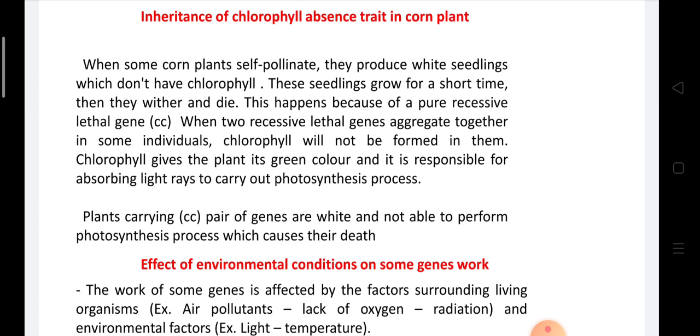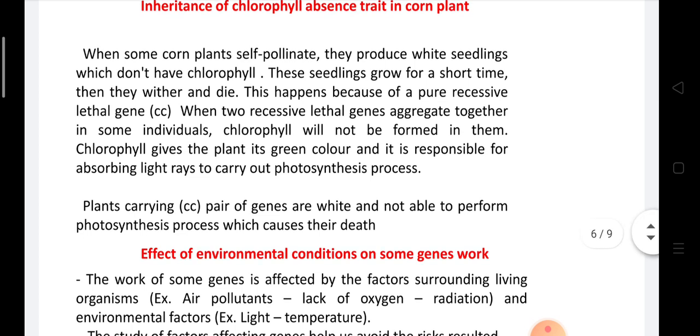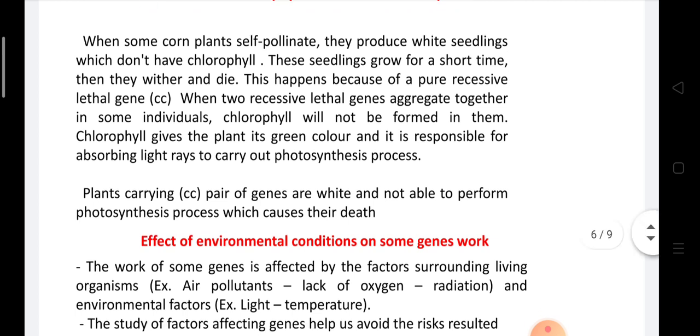But when at least one C in dominant character appears with the plant, it is able to produce the chlorophyll pigment and live because it can do the photosynthesis process.